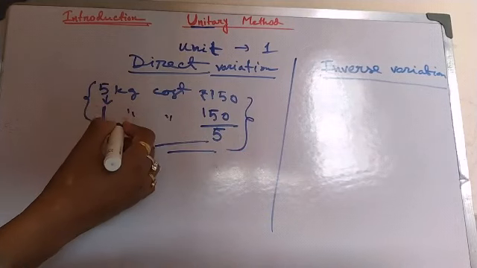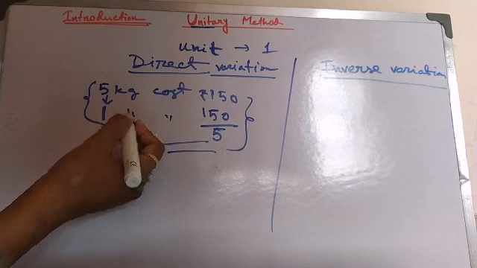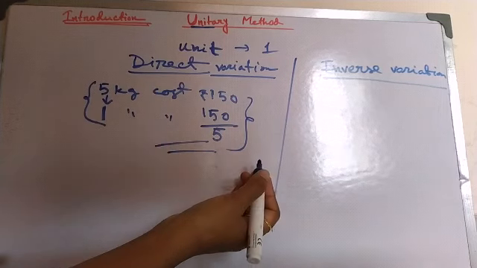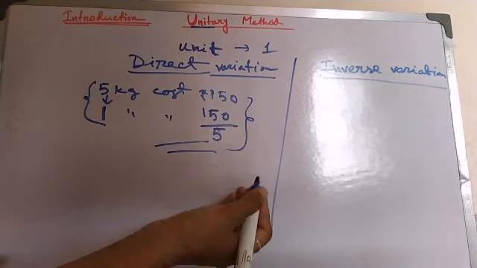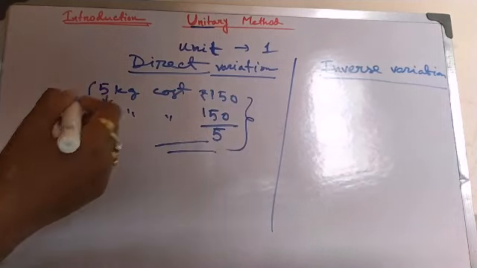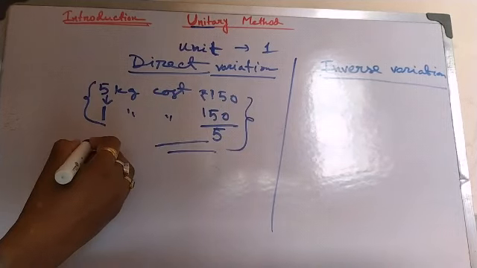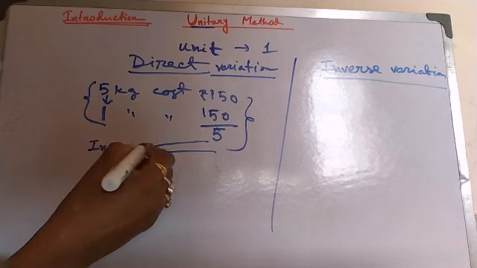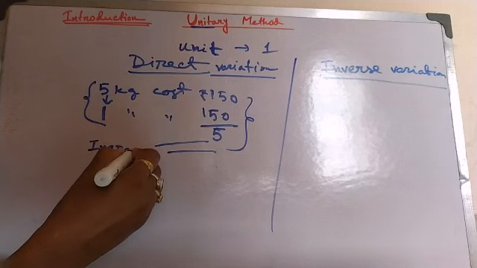When the amount of one thing is increased, then what we have to find out will also be increased. That is direct variation. Both sides will increase. If the amount is increased, then the cost will also be increased.